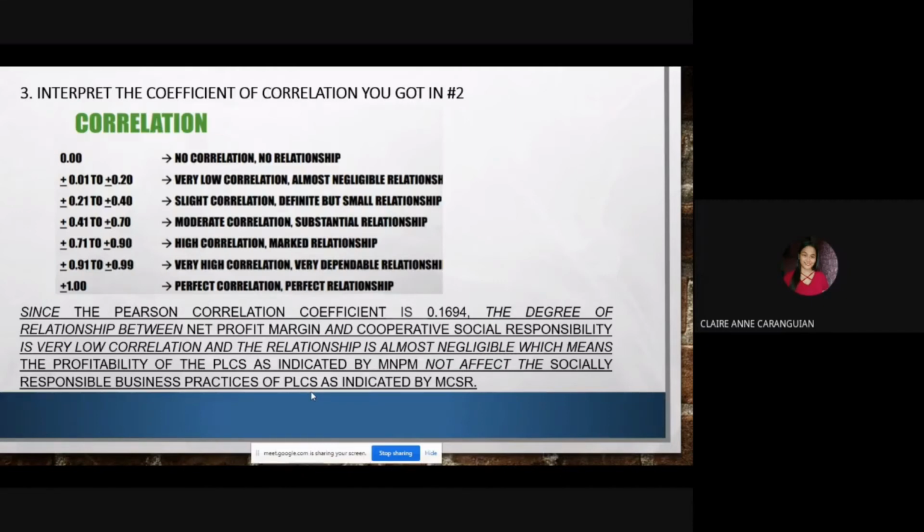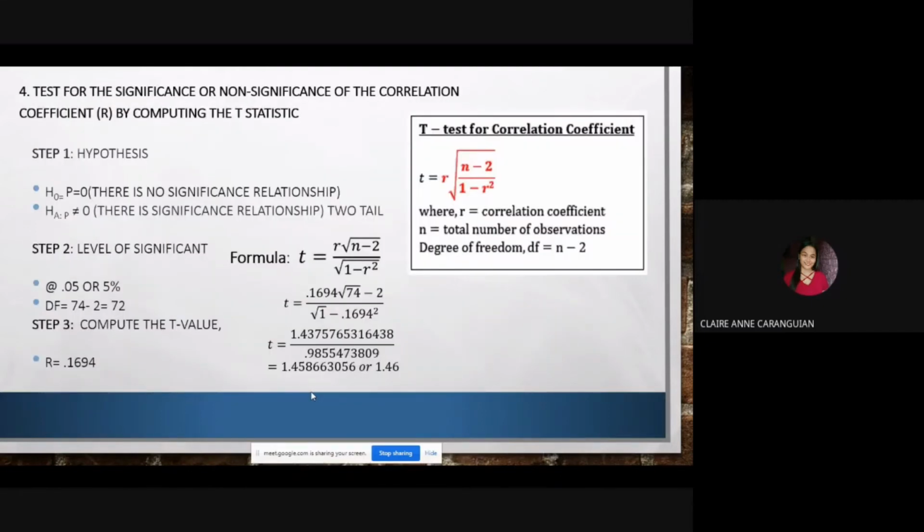Next requirement is test for the significance or non-significance of the correlation. So, itetest natin kung may significance ba or walang significance yung correlation by computing the t-statistic. So, step 1, hypothesis. Yung nagawa natin kanina, we state our null hypothesis.